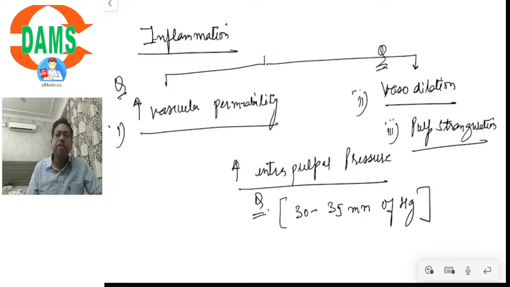But the modern concepts do not favor the pulp strangulation theory. Only two phenomena that happen during inflammation of the pulp, increased vascular permeability and vasodilation, contribute to increased intrapulpal pressure in types of pulpal inflammation.